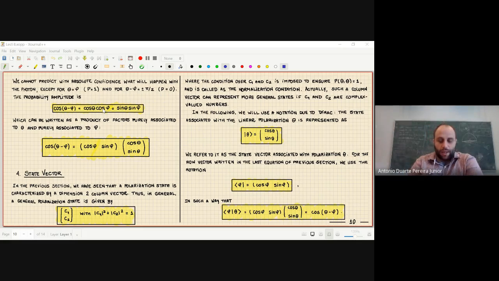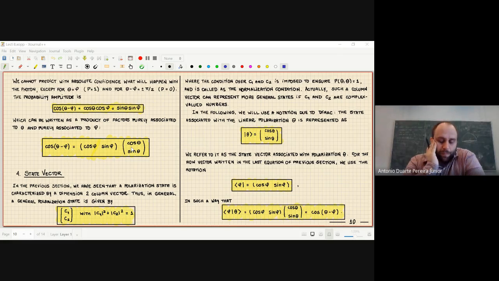I can write this column vector which contains cosine theta and sine theta, and I can collect phi in a row vector which is cosine phi and sine phi. You could exchange the orders, but this particular order will be convenient as we're going to see.